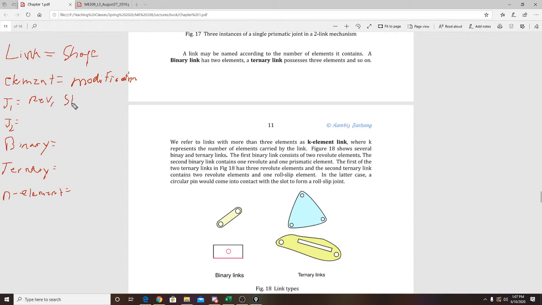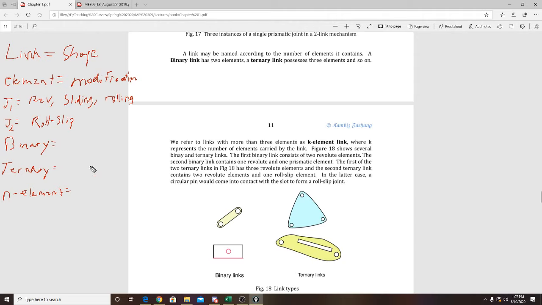Sliding. And rolling. And then since he said it, this last one is a roll slip. Roll slip. All right.